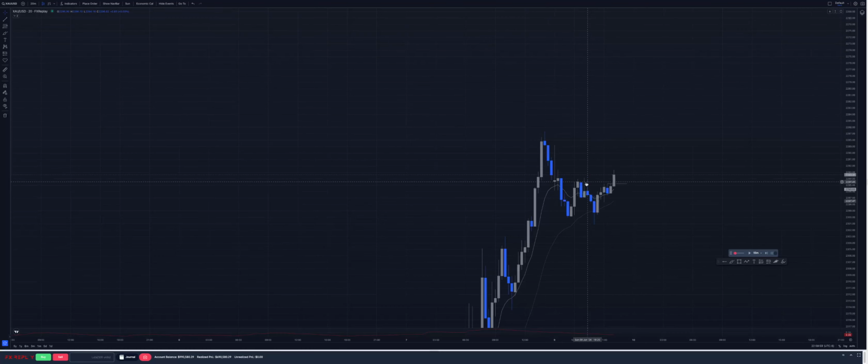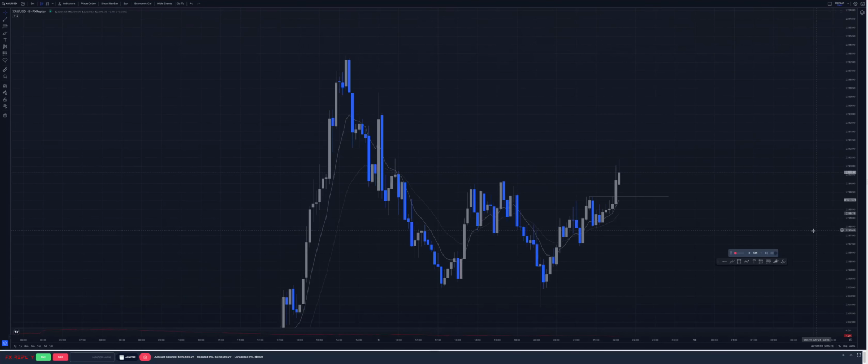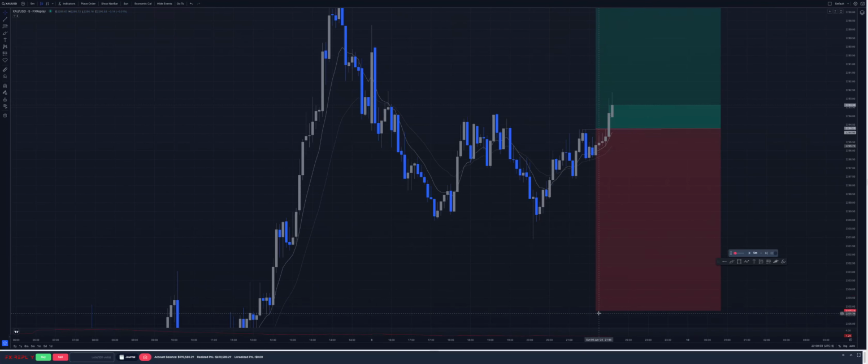Entry here. And then entry here. Let's see if we would have had a stop here. This is our only stop. I'd be willing to do like 0.6 to cover half ATR.